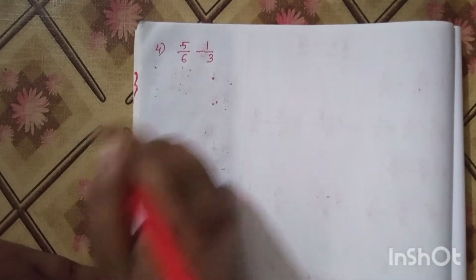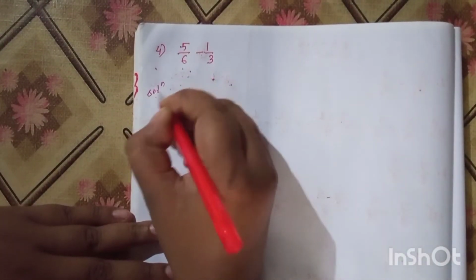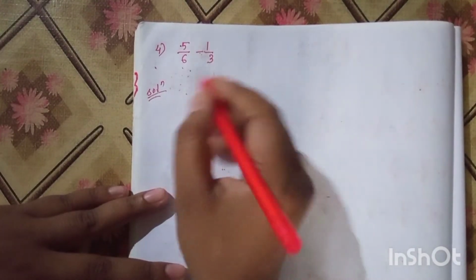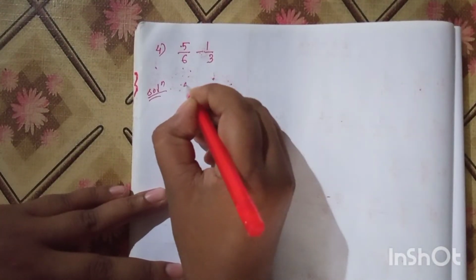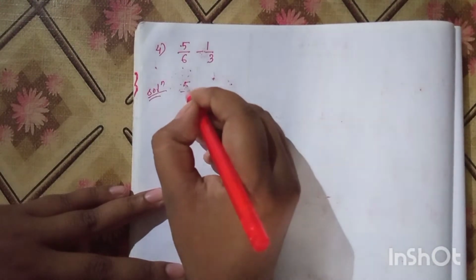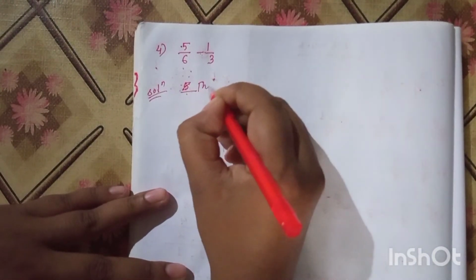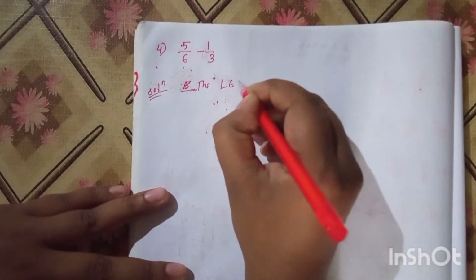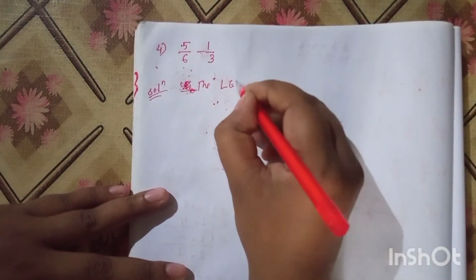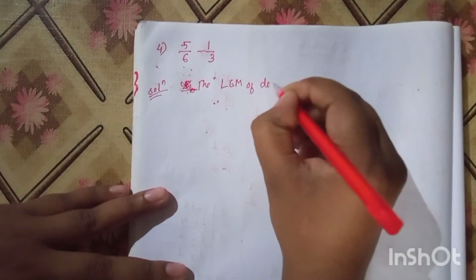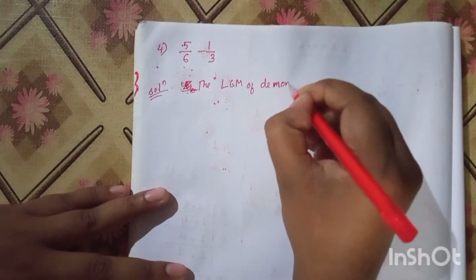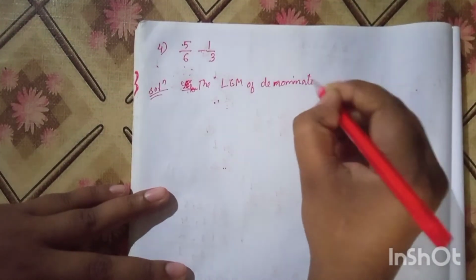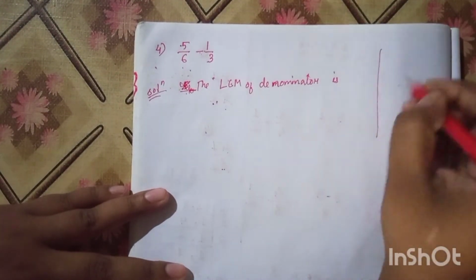Now look at the next problem. They are unlike fractions, so as we know, we need to find the LCM of the denominators.